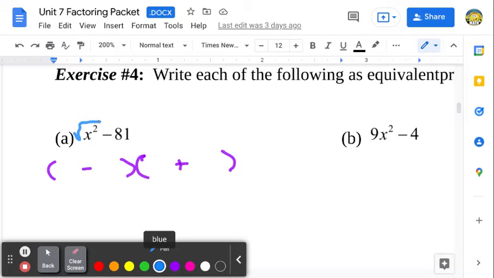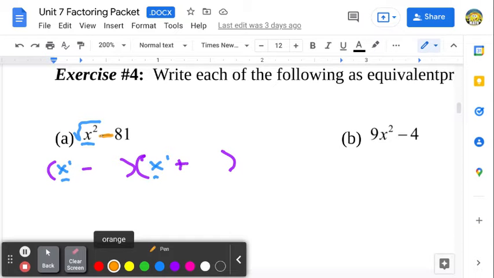Remember, when you square root a letter, you cut the exponent in half. So it becomes x to the 1. You put that, since x squared is the first part of our problem, the answer goes in the first part of the parentheses. Now, we already went through the minus. It has to be there for the problem. You can't get around that.